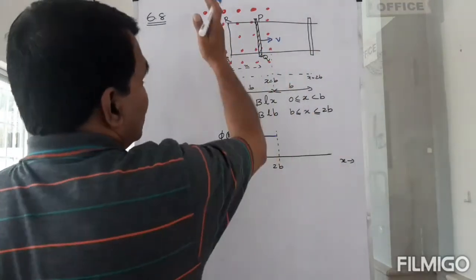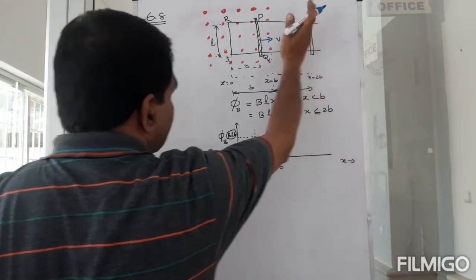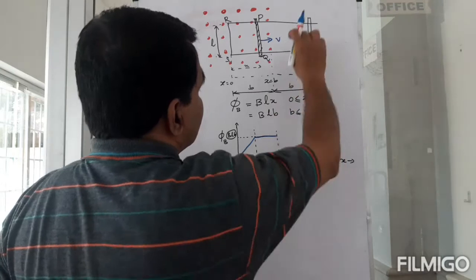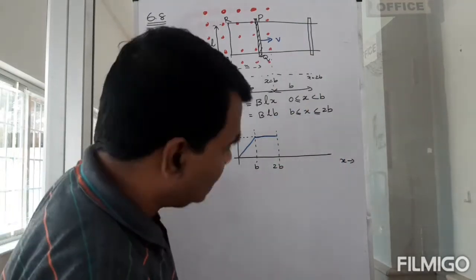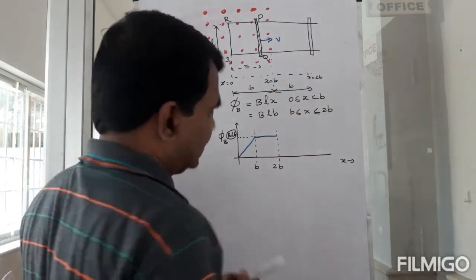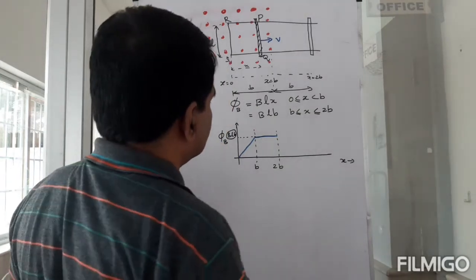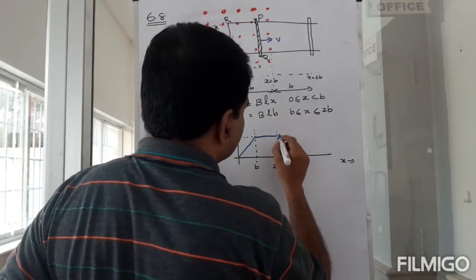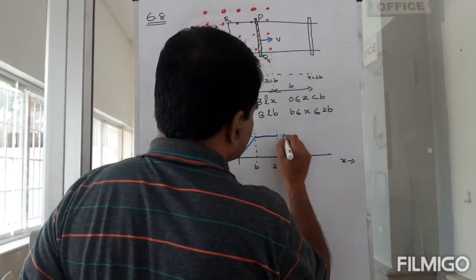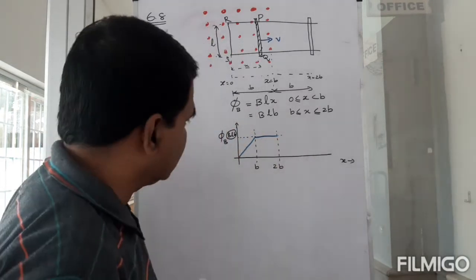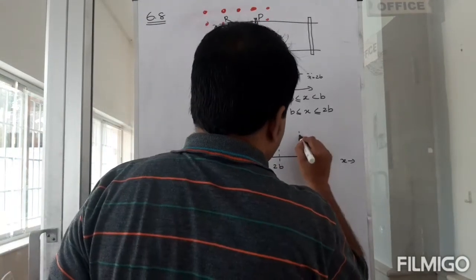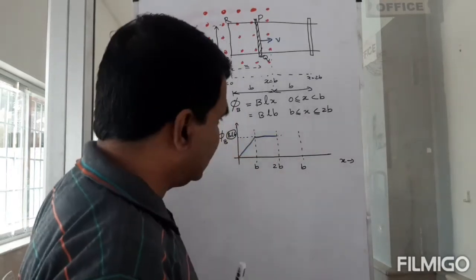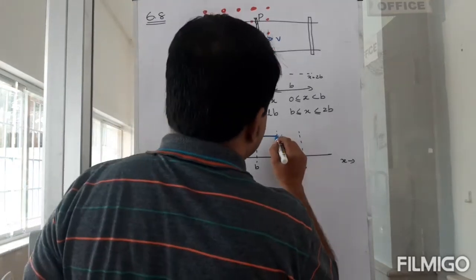That's the second part, right? You go from here to 2B and then again come back to 0. That's the condition. So when you come back from 2B to B, how will it be? As you come back from 2B to B, it will still remain the same.